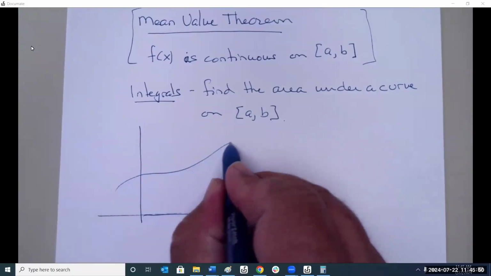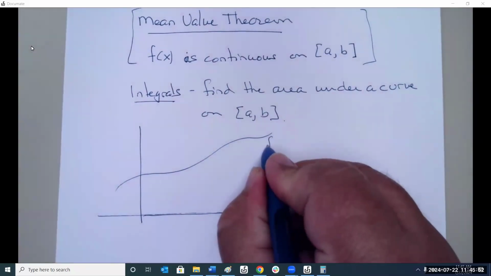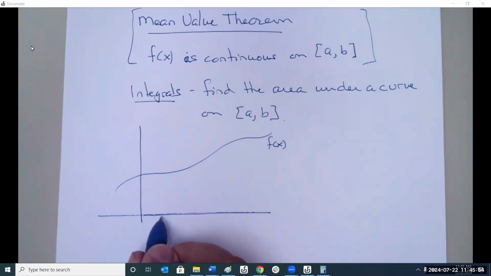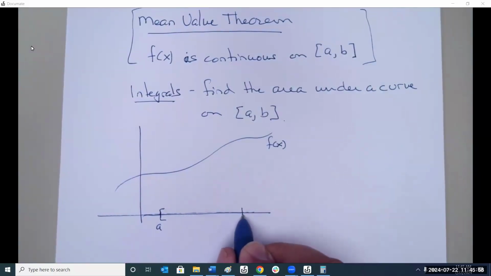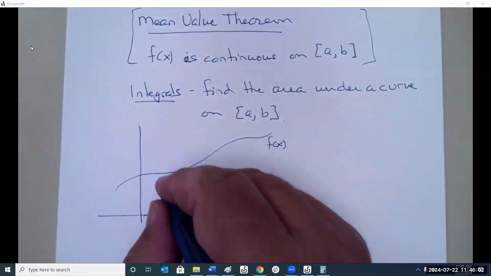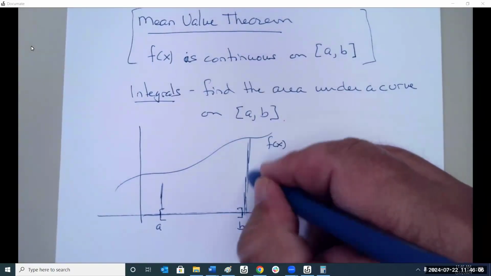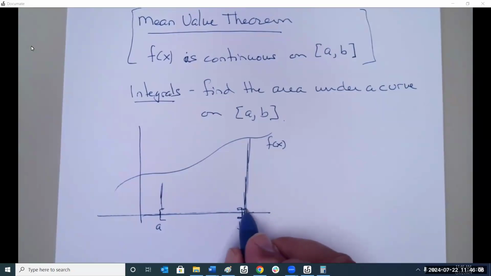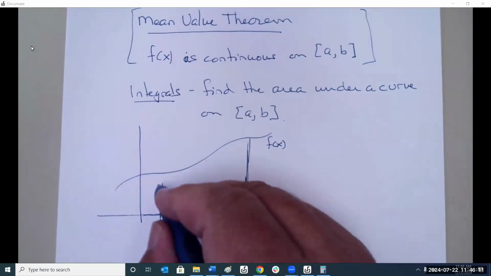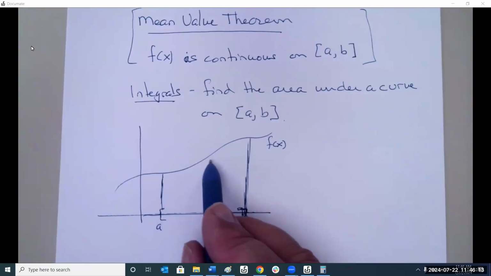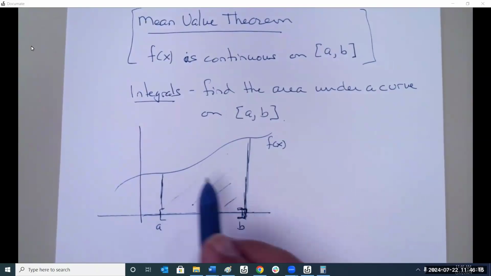We have some curve, some function f of x on some closed interval AB. So we're looking for the area under here.